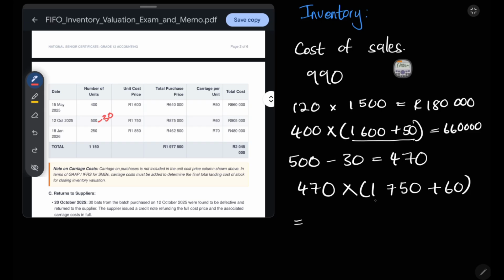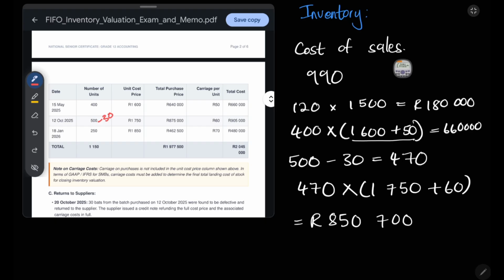Please make sure that you use a bracket. We can solve this part first and then you multiply it with the 470. However, I'd recommend that you just punch all of this in your calculator and your answer will be 850,700. So guys, this is how we calculate our cost of sales in FIFO.